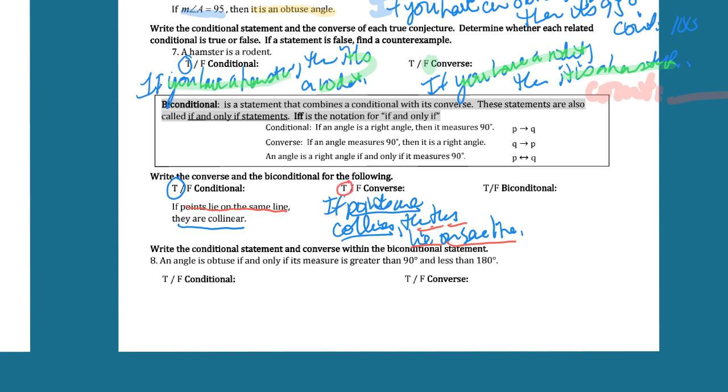Okay, so since both the conditional and the converse are true, then you can write a statement that goes both directions and use the words if and only if. And that means it's a requirement.